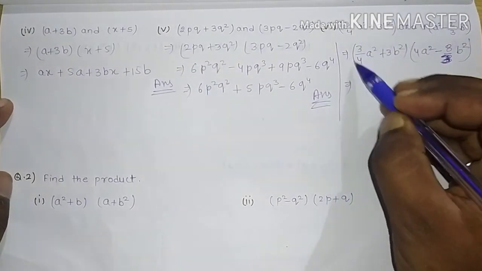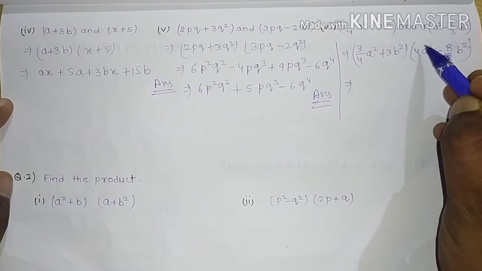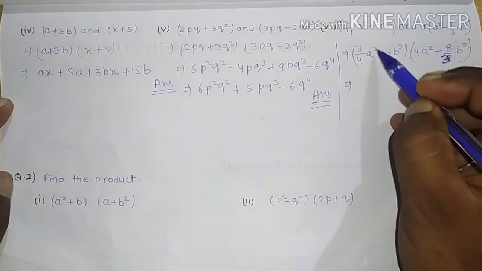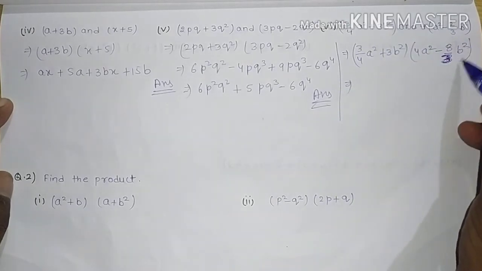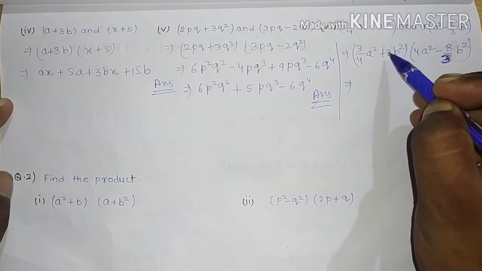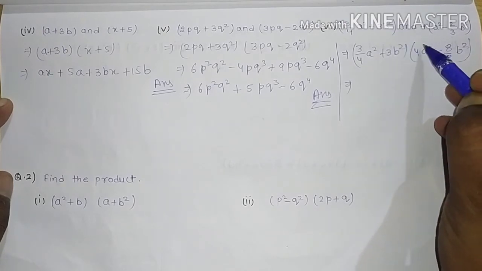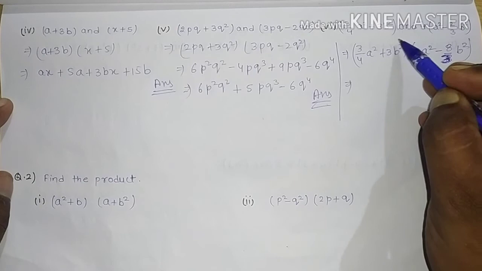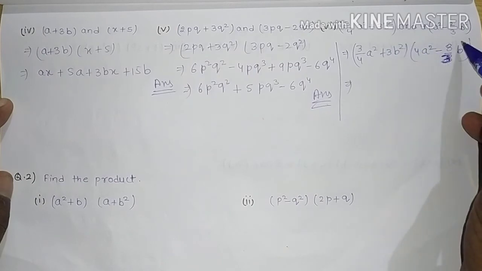3/4 a² is multiplied into 4a². After this, 3/4 a² is multiplied into minus 8/3 b². Then 3b² is multiplied into 4a². Then 3b² is multiplied into minus 8/3 b². Okay.